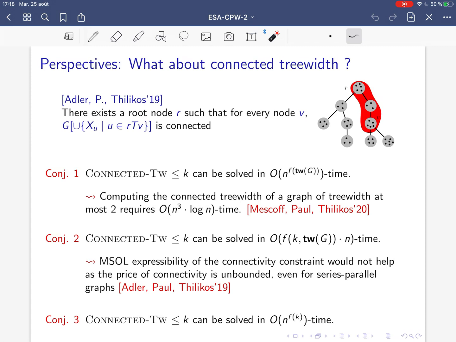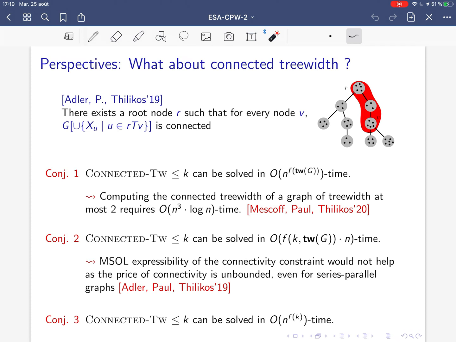So this is really not clear, and the other argument is that in the polynomial time algorithm that we have, we observed that it is not a linear time algorithm, and honestly I don't know how to improve this complexity now to linear time. So to be compatible with this type of complexity, we should be able to have a linear time algorithm to compute the connected tree width of a series parallel graph, which is not the case yet, at least.